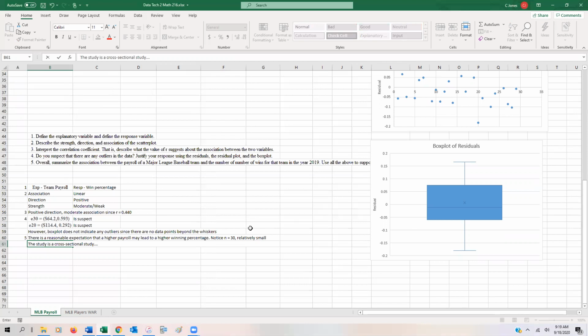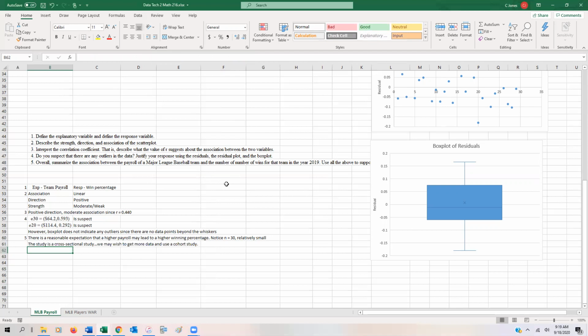So what we probably would want to do is go back maybe 20 or 30 years to determine the patterns overall. And based on that large sample size, almost population, if you would, then we could really make a better conjecture about the association between wins and payroll. Although realistically, we would expect that to be true. So this is a cross-sectional study. They wish to use a cohort study. Cohort study is always better than cross-sectional if available.